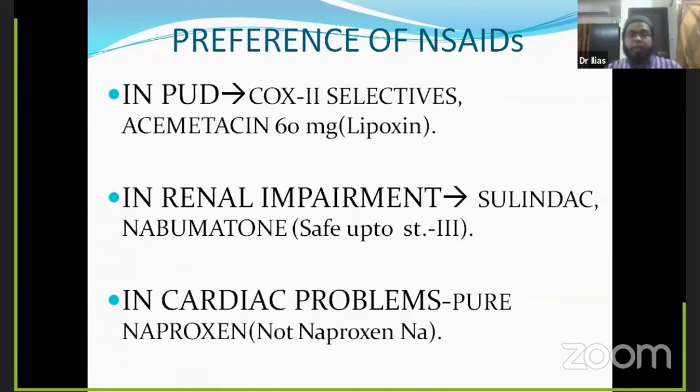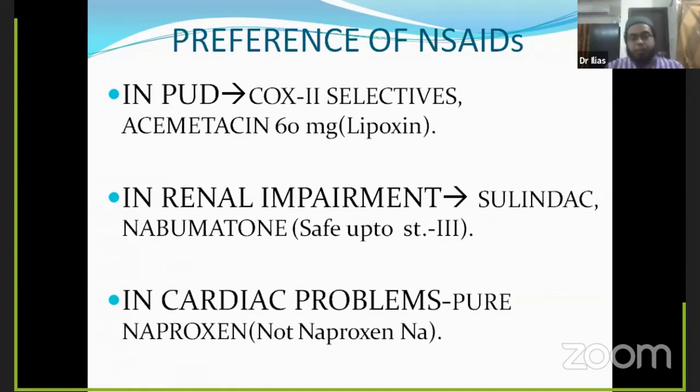As a consequence, it doesn't have any harmful effect on the gastric mucosa, and it doesn't cause any kind of gastric irritation. So for patients who have pain along with peptic ulcer disease, we can prescribe acetaminophen or the COX-2 selectives.